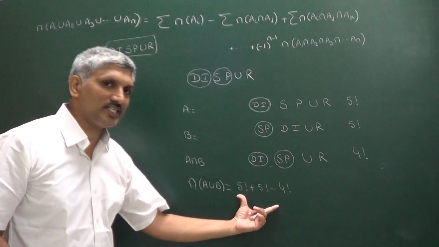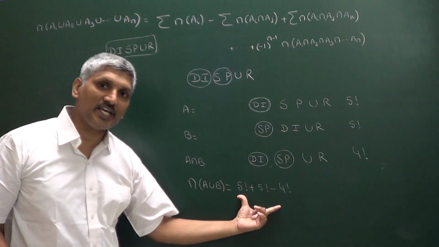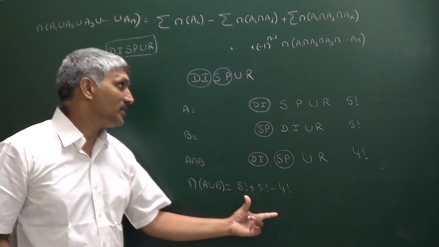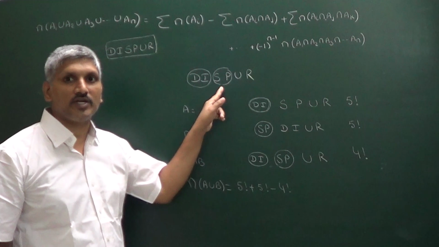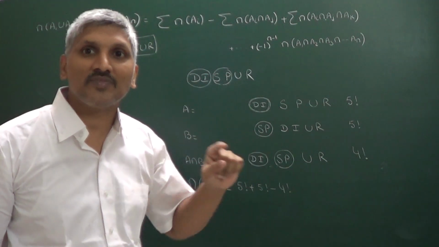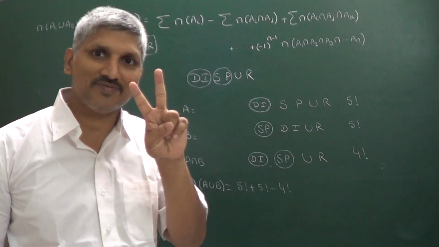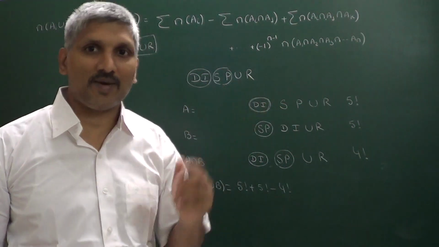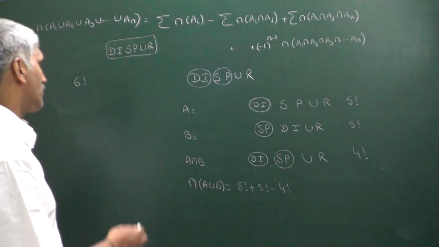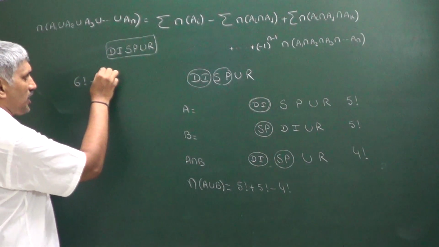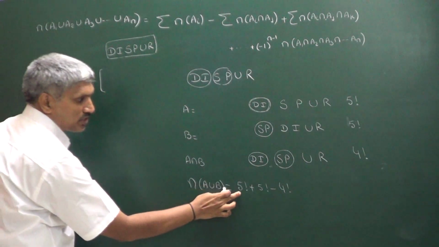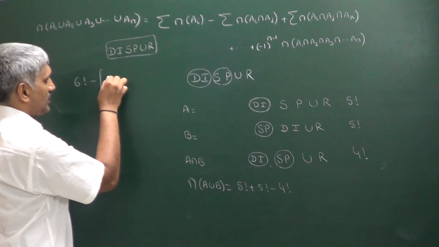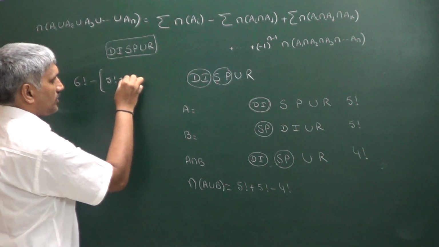So this is the answer for either DI or SP appears. That means at least one of these two appears. At least one means either one or both appear. So that's why from the total number of possibilities, if you subtract this one, at least one appears, then we will get neither nor appears.